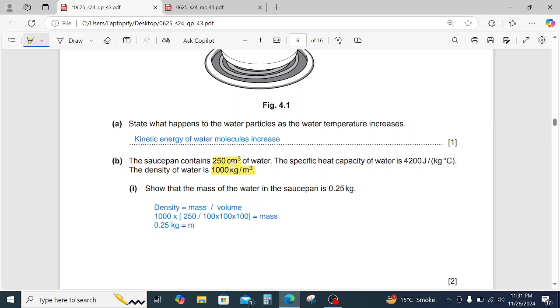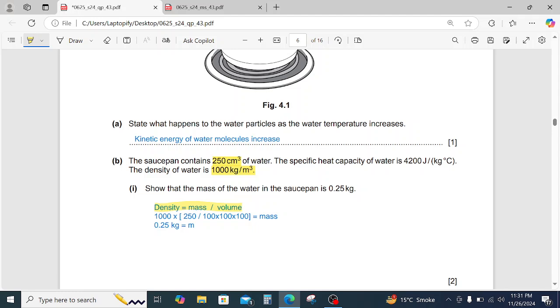So centimeter is a small unit, meter is a big unit. So when you move from small unit to big unit, you have to divide by some value. So for the question I have written the formula here: density is equal to mass per unit volume.